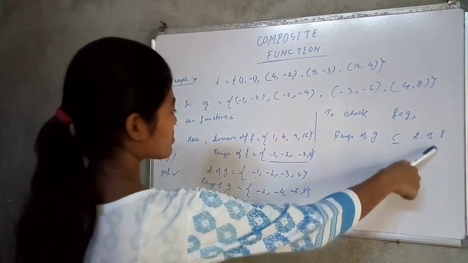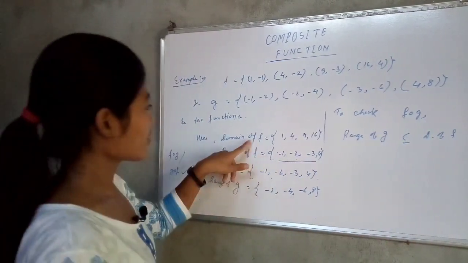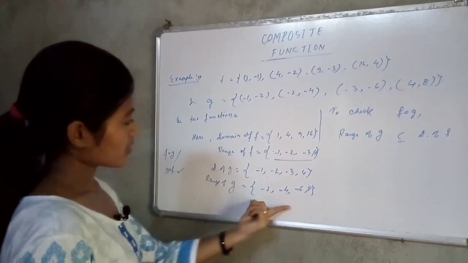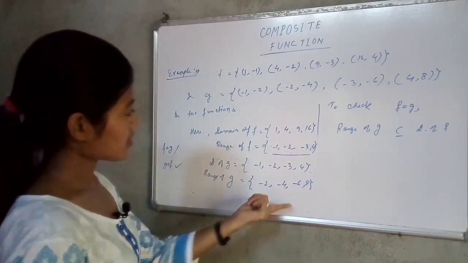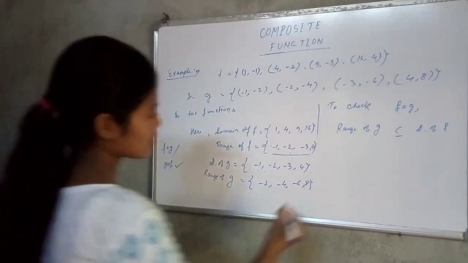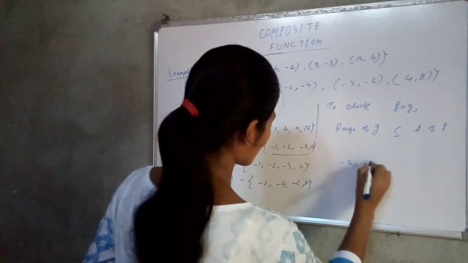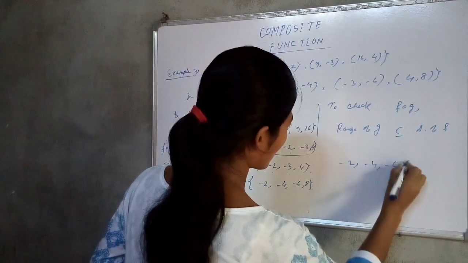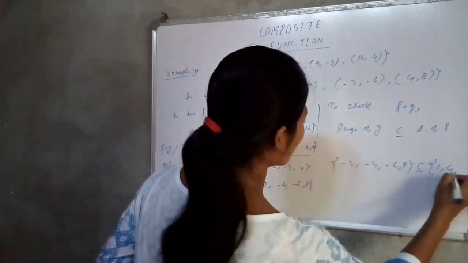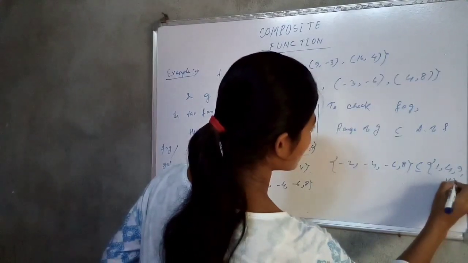But the domain of F is 1, 4, 9, 16. Can -2, -4, -6, 8 be a subset of 1, 4, 9, 16?